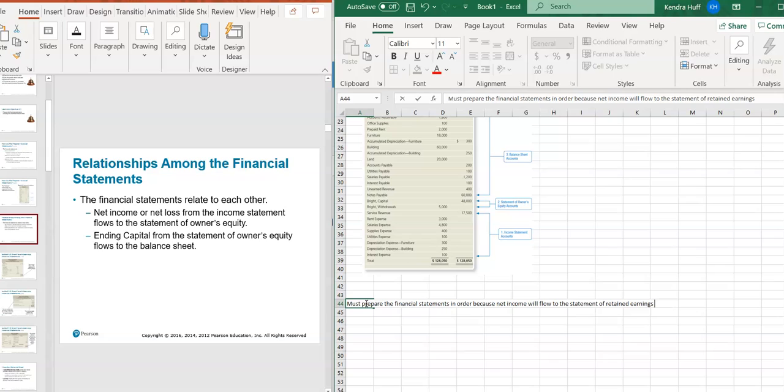So net income will flow to the statement of retained earnings to help find the new, updated balance in retained earnings.